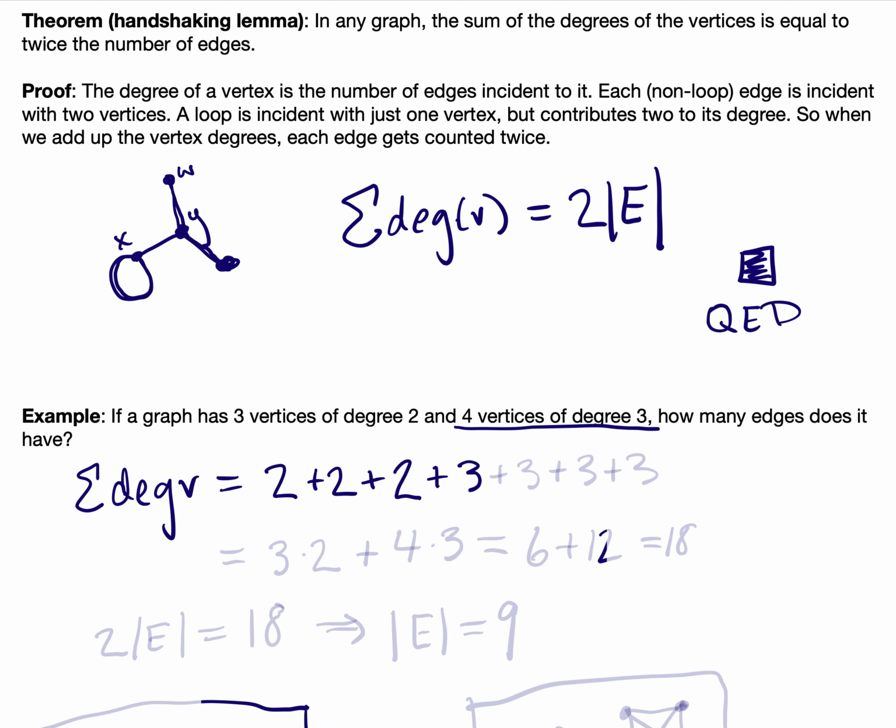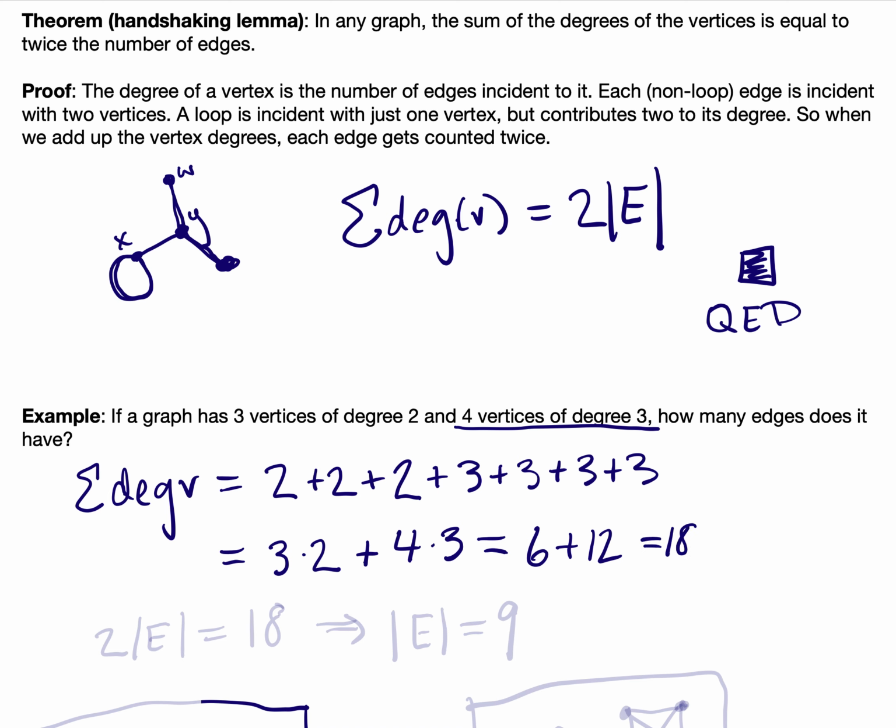So degree 3, degree 3, degree 3, degree 3. Notice I could have also just written that as 3 vertices each of degree 2 plus 4 vertices each of degree 3. But in any case, I've got 6 plus 12, I've got 18.